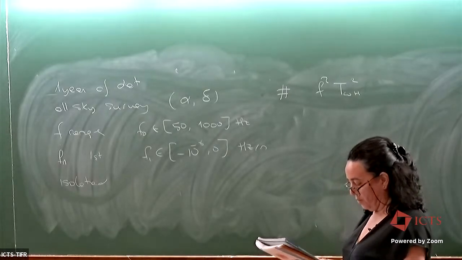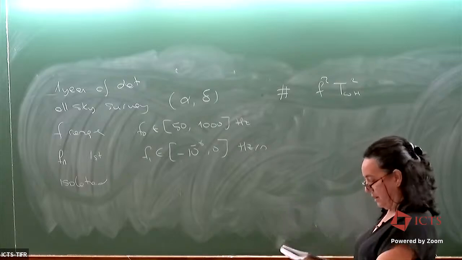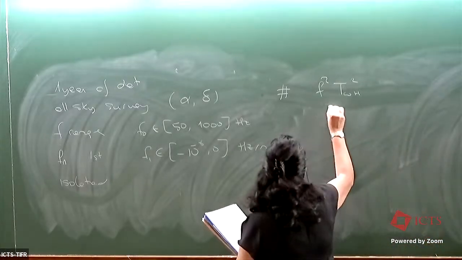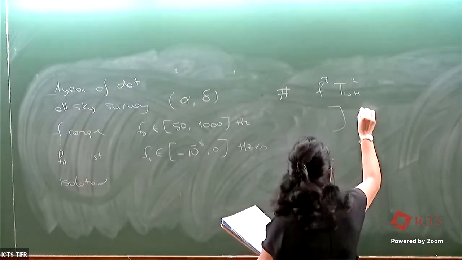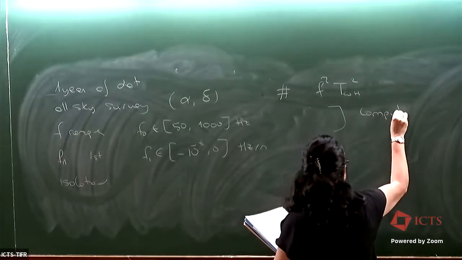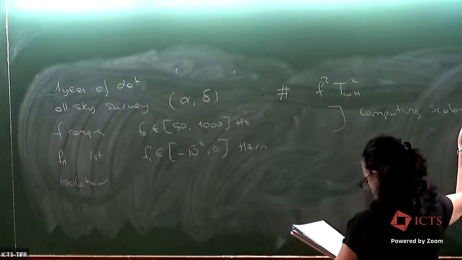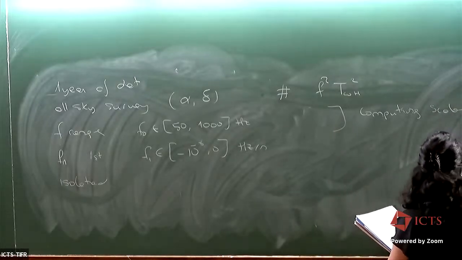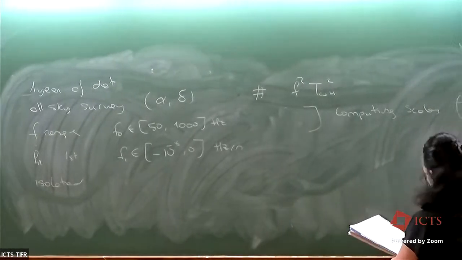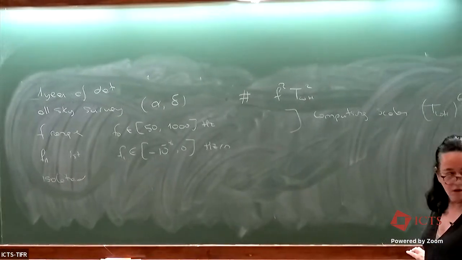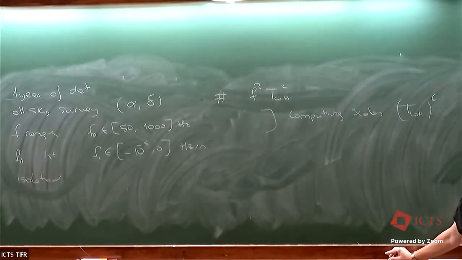And the full computing cost scales as the coherent time to the 6th power, without including any second derivative.